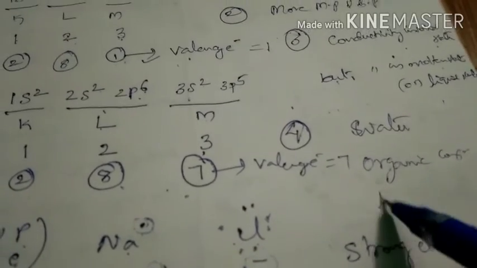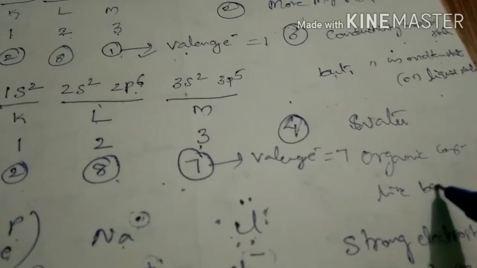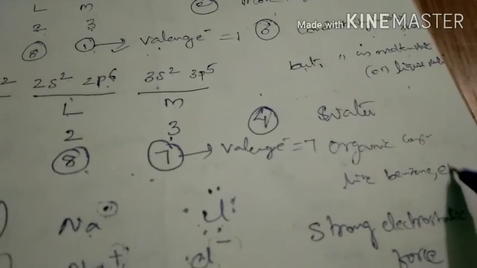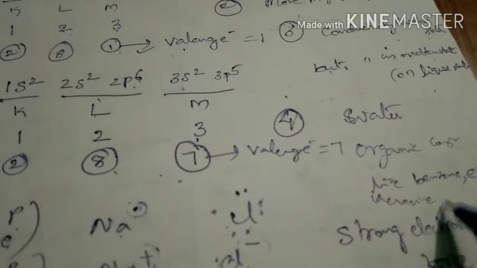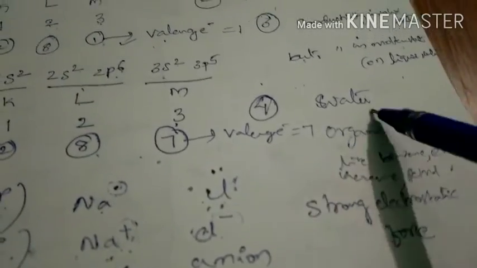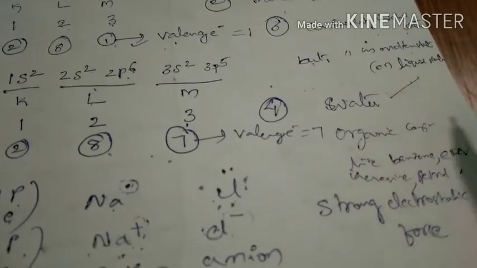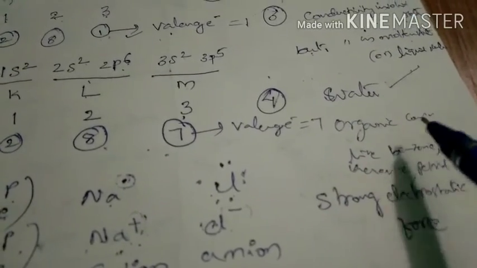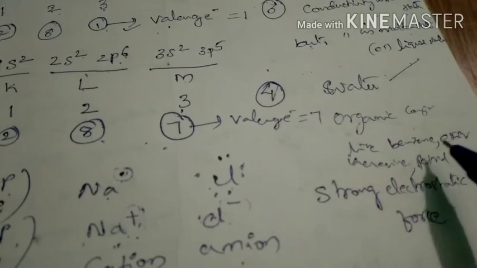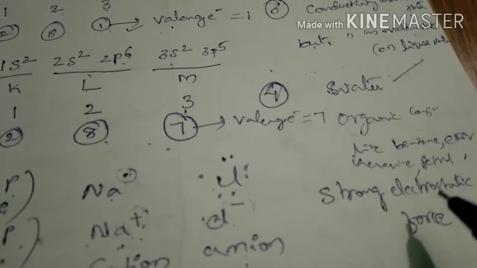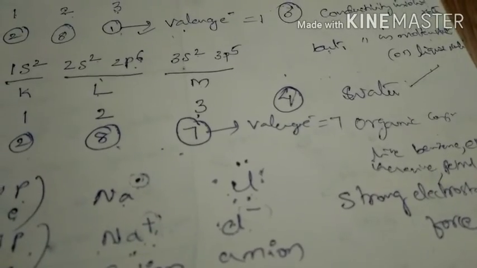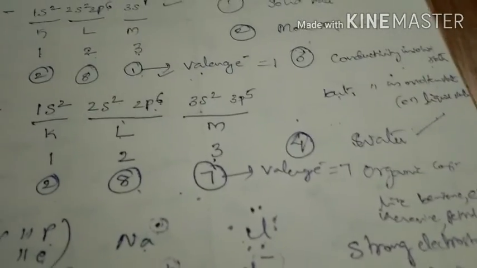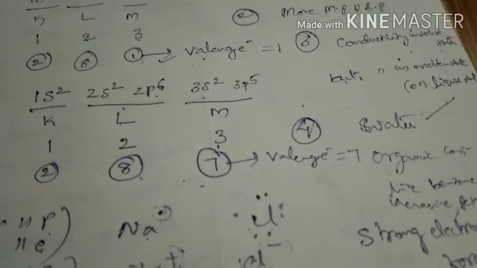Organic compounds like benzene, ether, kerosene, petrol, etc. I repeat once again, all ionic compounds are soluble in water, but they are not soluble in organic compounds like benzene, ether, kerosene, petrol, etc. So these are the properties of ionic compounds.